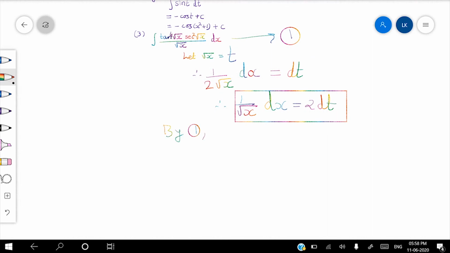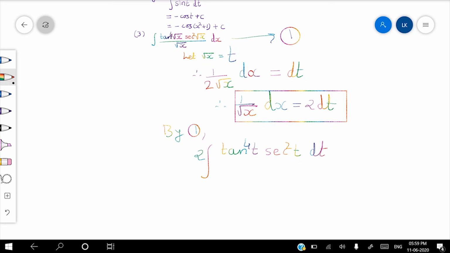So write down by equation 1, substitute the value, that means integral tan raised to 4. What is the value of root x? It is t. Sec square, again root x means t. What is 1 upon root x dx? It is 2 times dt. 2 we can write outside the integral. Then here integration with respect to t.